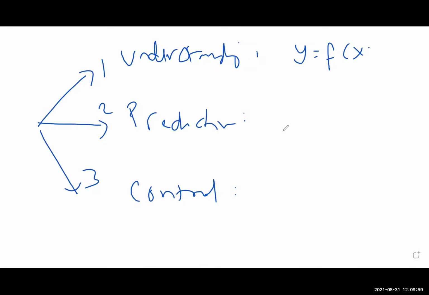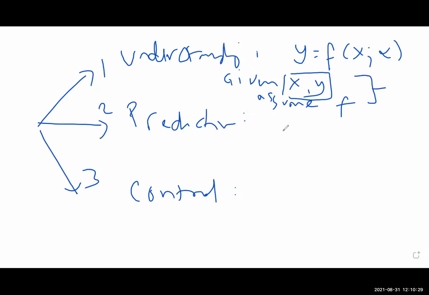And of course, you have the parameter, which I call alpha. So understanding phenomena means given x, y, which is your data, the input and output, and then you assume f, the model must be assumed. What you will get, learning, is alpha, which is the parameters.